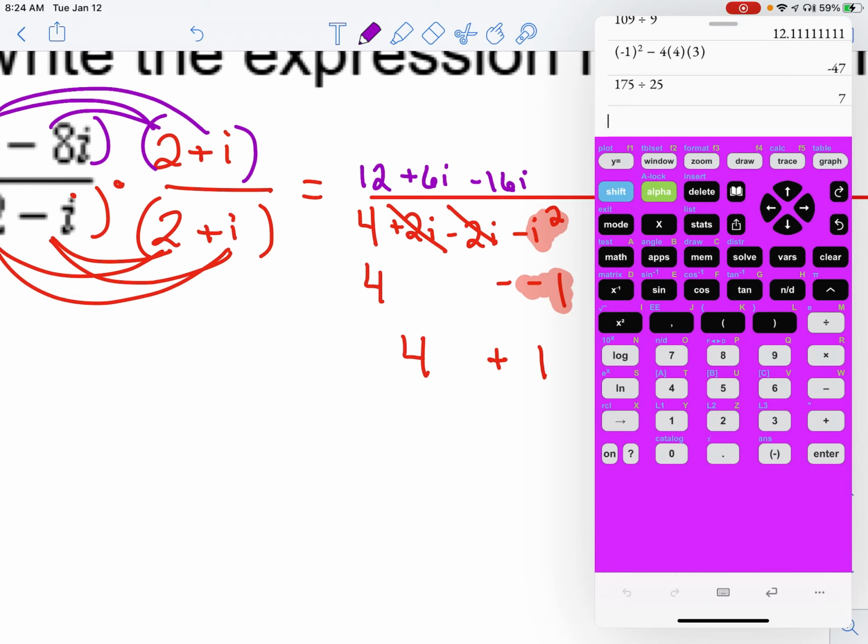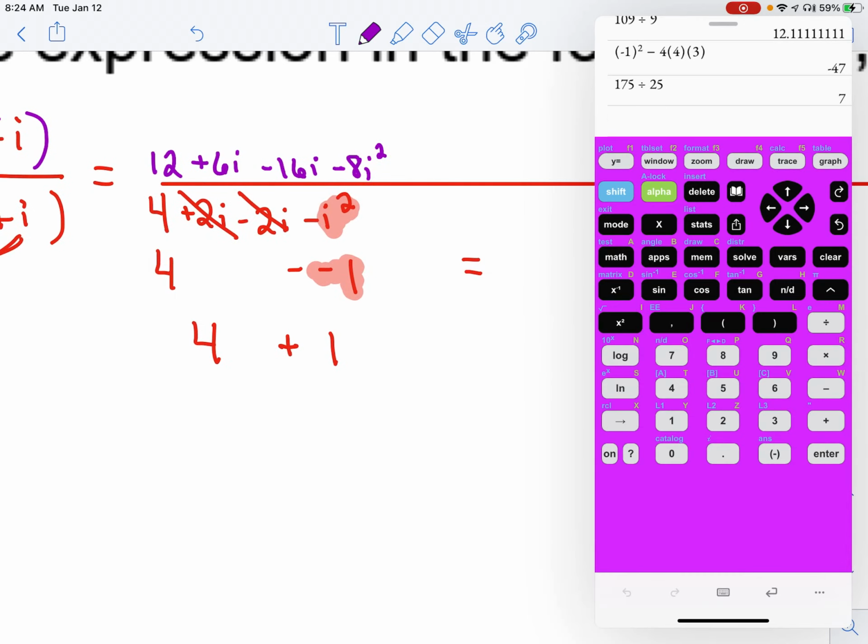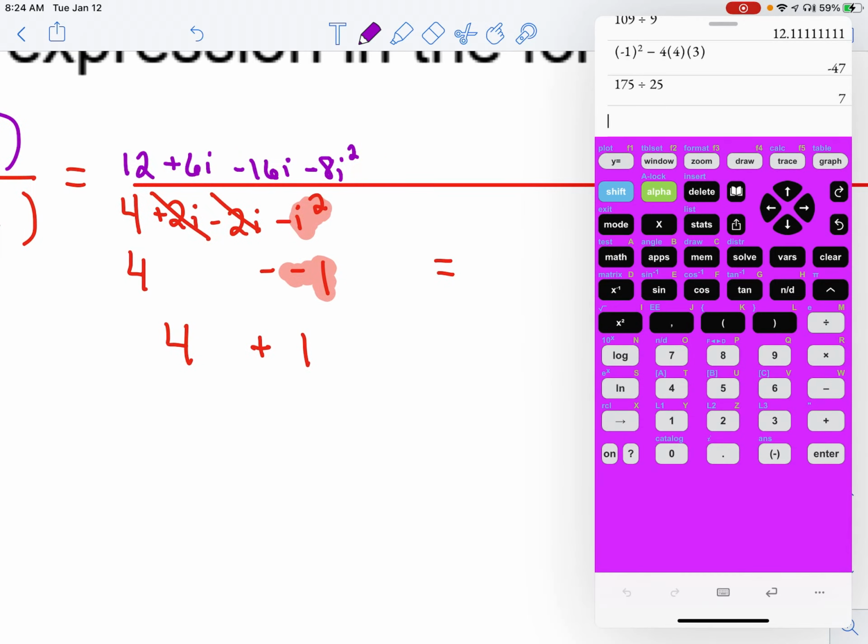And negative 8i times i is negative 8i squared, because you had i twice, so i times i is i squared. So on the top, I'm going to just rewrite this because this is getting messy. All right, so I definitely like the 12. These two make negative 10i because they're like terms.